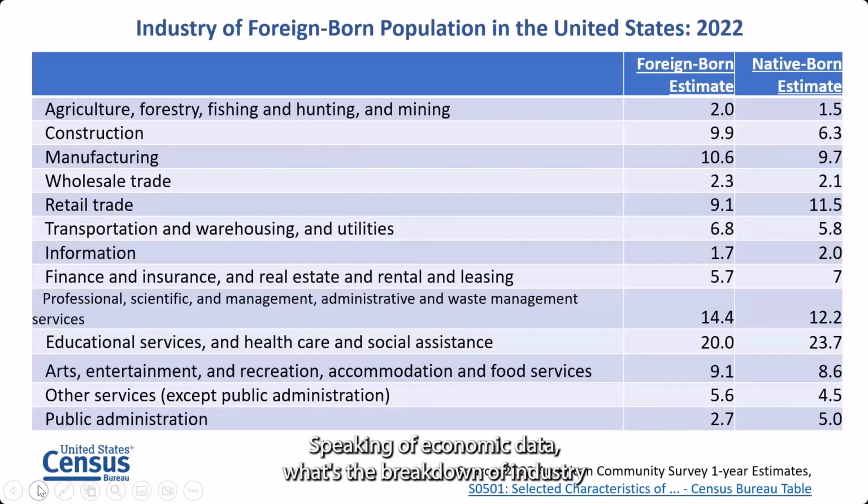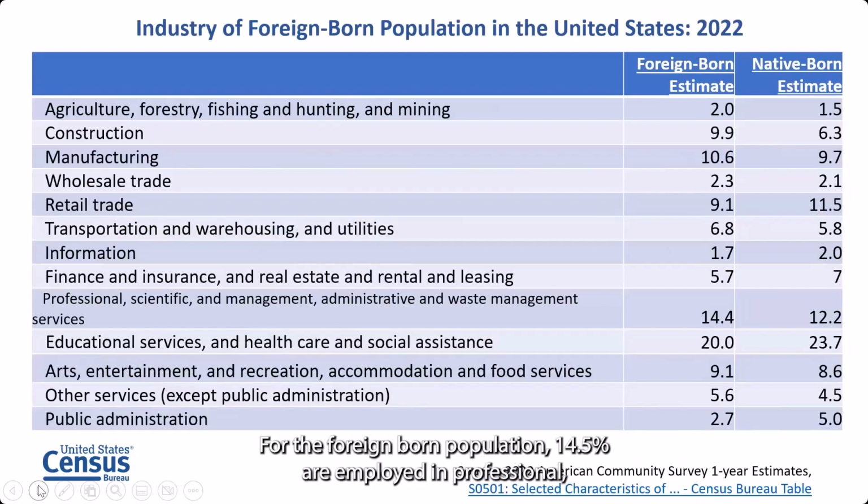Speaking of economic data, what's the breakdown of industry of foreign-born workers compared to native-born workers in the U.S.? The largest percentage of both foreign-born and native-born workers is in educational services, healthcare, and social assistance, at 20% and 24% respectively.